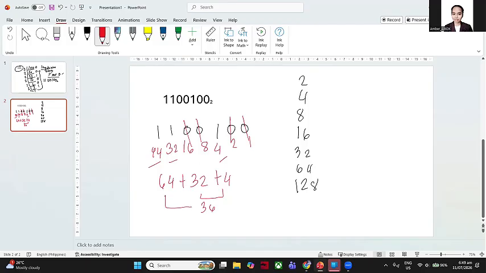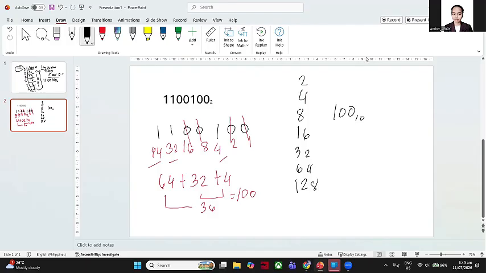Then 64 plus 36 is 100. Oh, now we have our decimal, which is 100. All right, it's easy from binary to decimal.